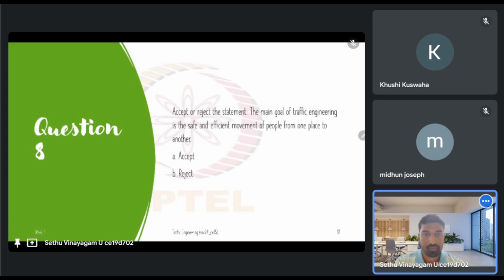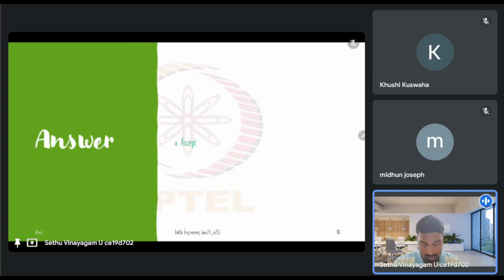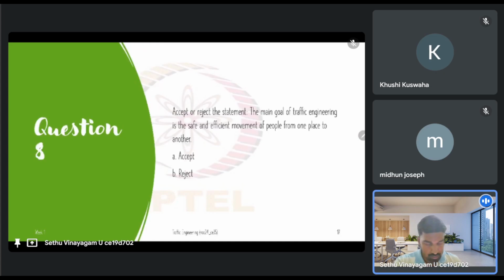All right. So the right option is option A, that we accept the statement. It is correct. Do not confuse this with the objectives. When we talk about the overall goal of traffic engineering, when we looked at the introduction, we saw the main goal, which is to move people and goods.